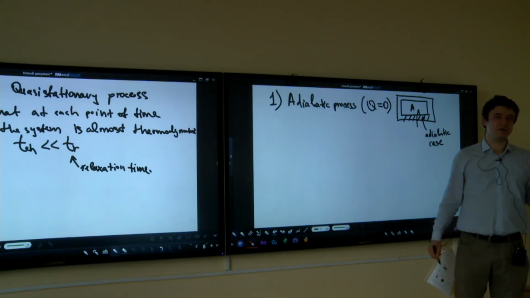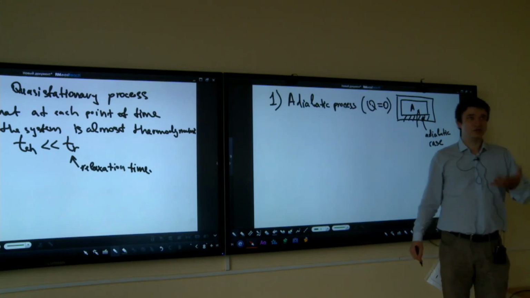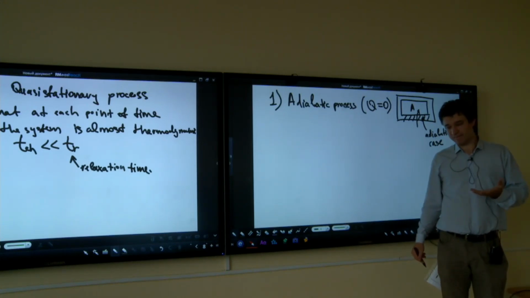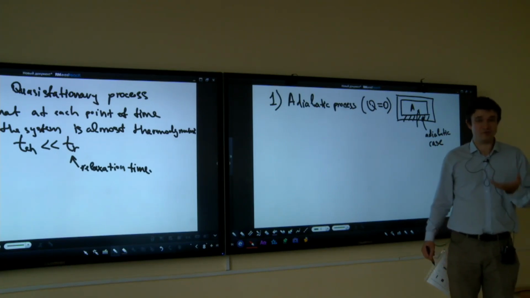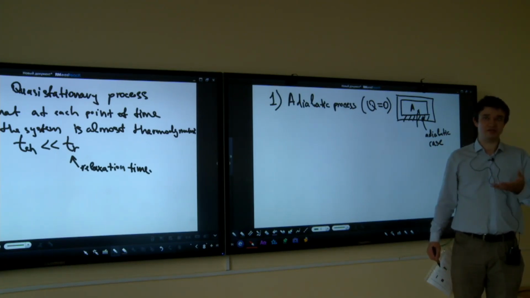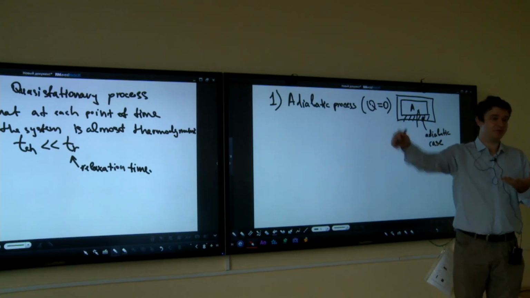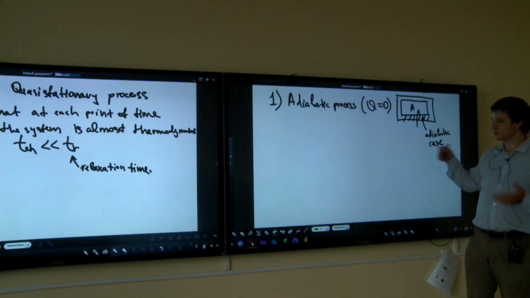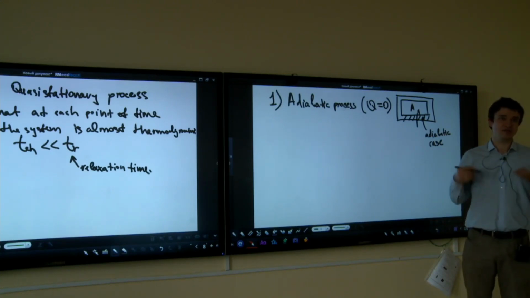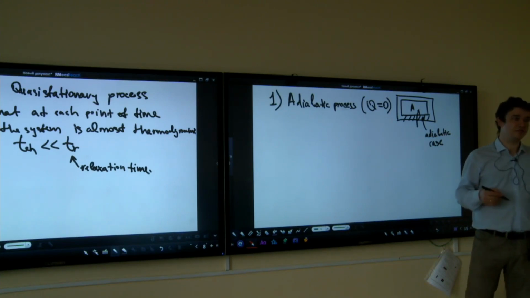That thermal isolation allows you to maintain the temperature comfortable for your living, and that temperature should be different from the temperature outside the house.